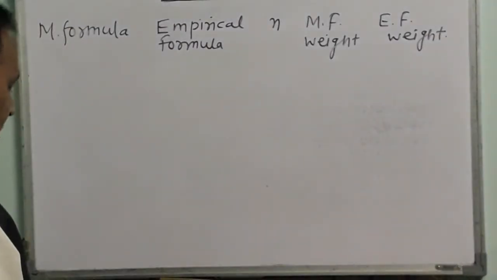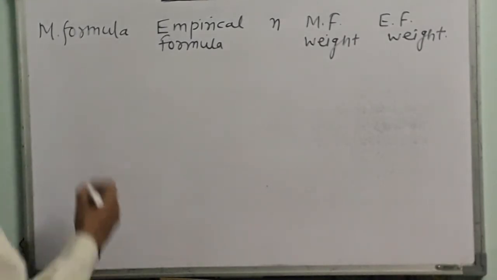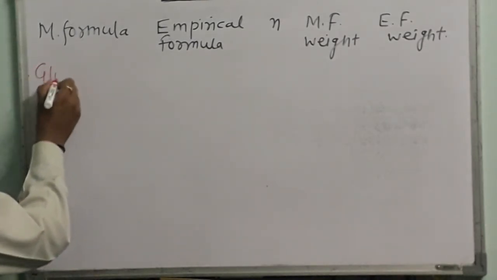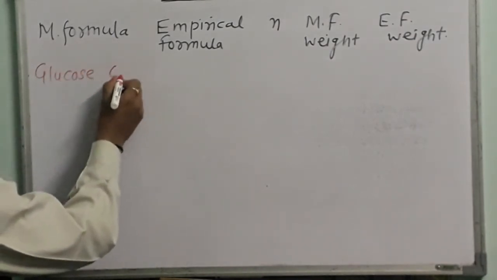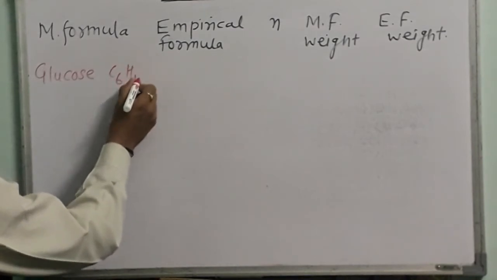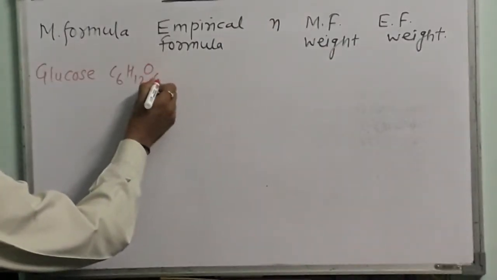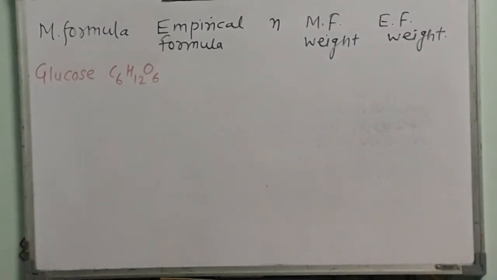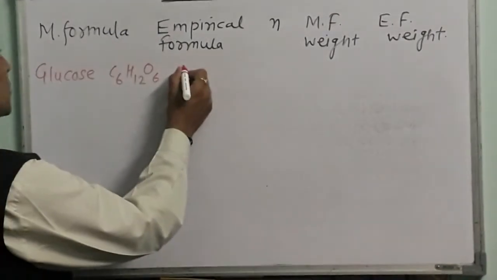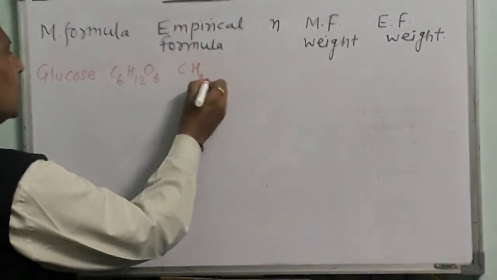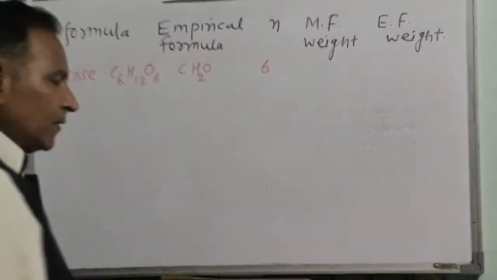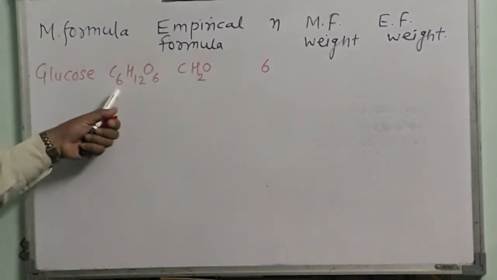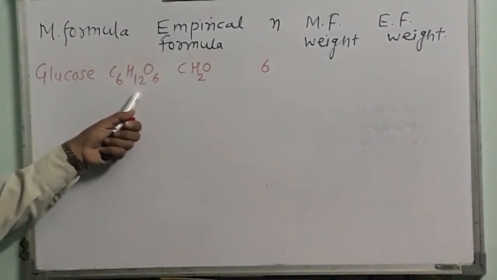Now if I write the first compound itself, glucose, the molecular formula is C6H12O6. If I reduce this formula to simplest ratio, I can write CH2O, the value of N over here is 6, molecular formula weight, the addition of atomic weights of respective atoms present in one molecule.